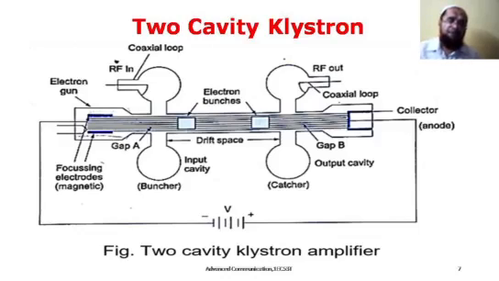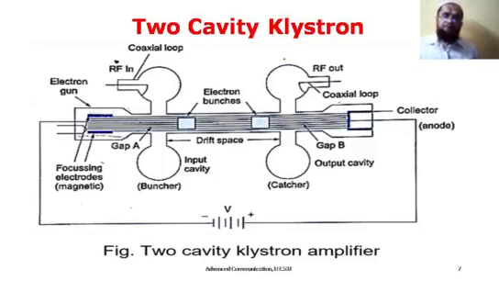On one side we have the electron gun, on the other side we have the collector, which is nothing but the anode. We provide positive potential to the anode and negative potential to the cathode.